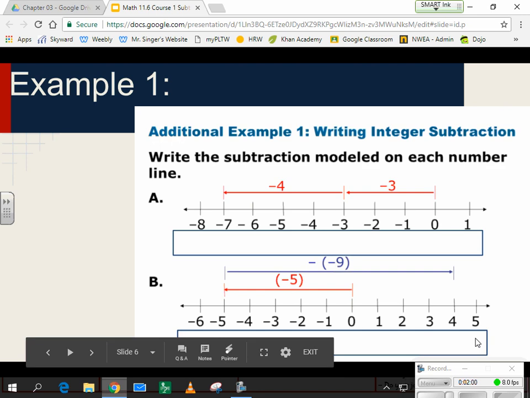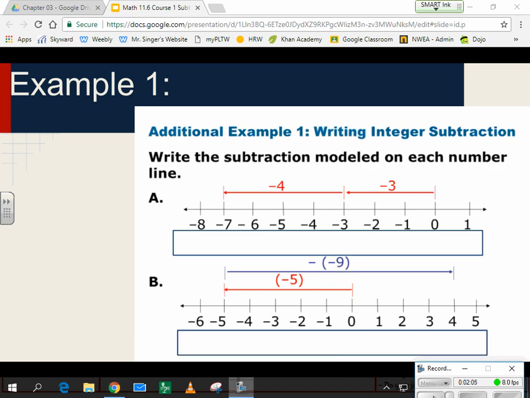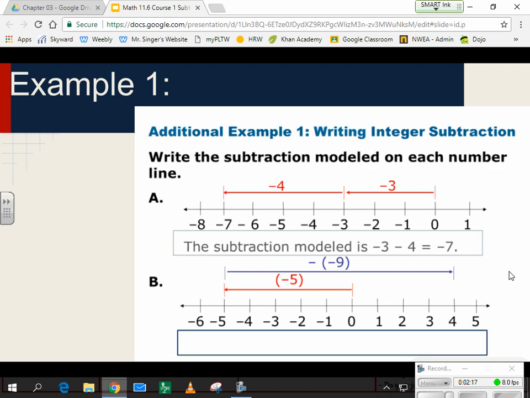All right, here's a problem for you to look at. So with A, we're looking at -3, and the second number is -4. So both numbers are going negative. So the trick we wrote down is think of the second number as adding its opposite. So really, we see -3 minus 4 equals -7.